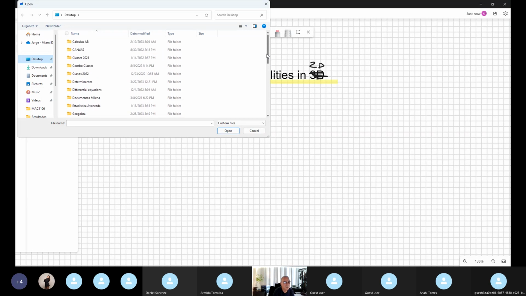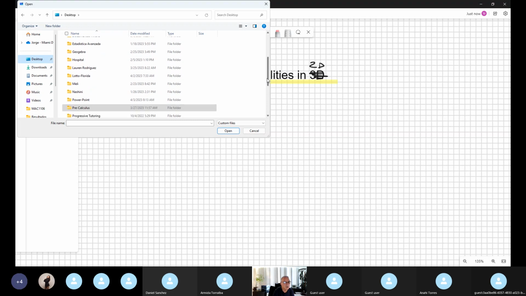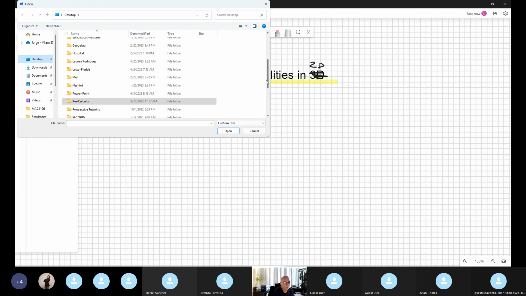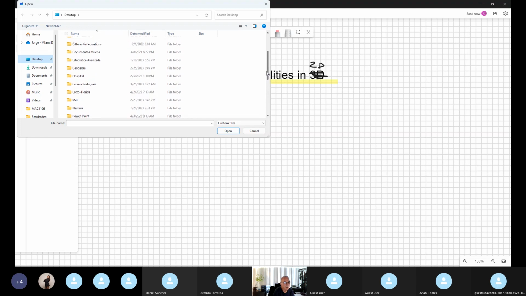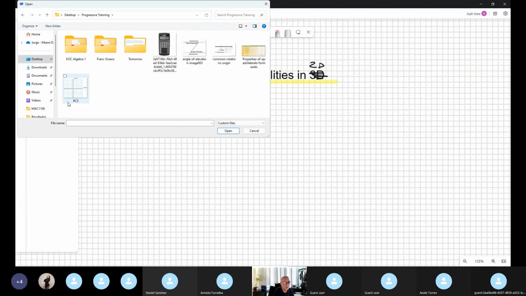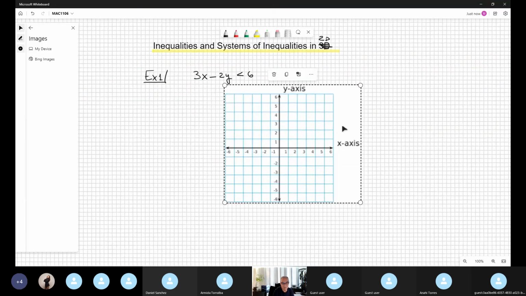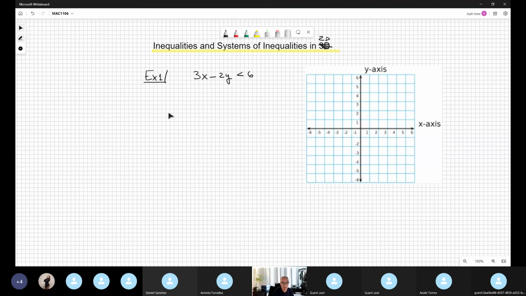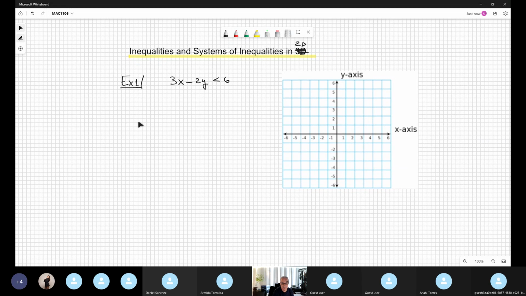Let me find the image of the rectangular coordinate system. There you go. Okay. Suppose this rectangular coordinate system. So the solution that we found is graphic.